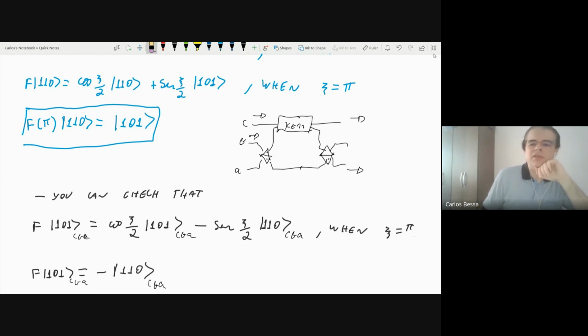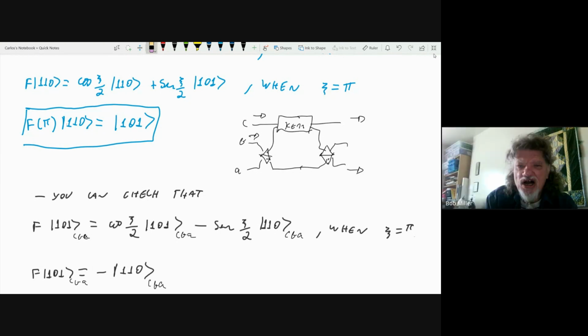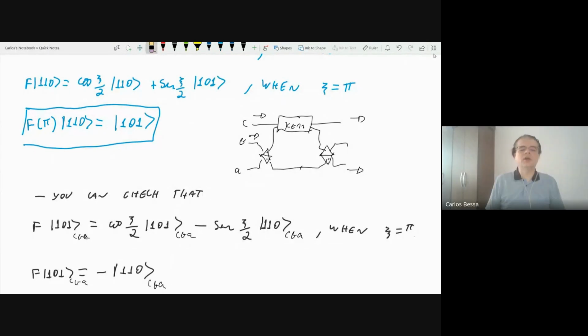When psi is pi, you have 100% chance to find the photon in one or the other. So another application of this gate could be to create a superposition. Yeah, for different angles.